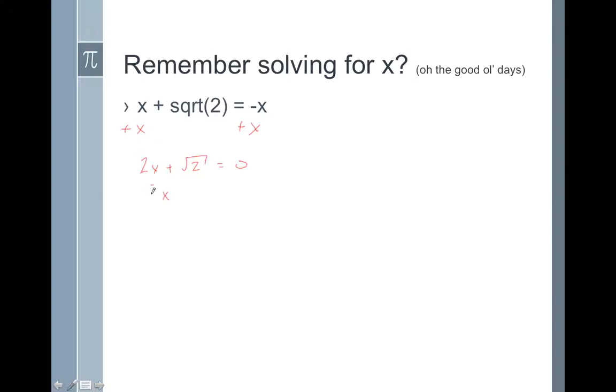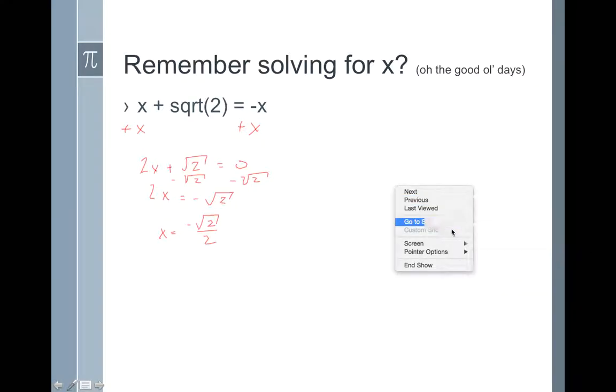You'd subtract the square root of 2, and you'd get 2x is equal to negative root 2, and therefore x is equal to negative root 2 over 2. And you could simplify that, and you would know that x is the right answer.